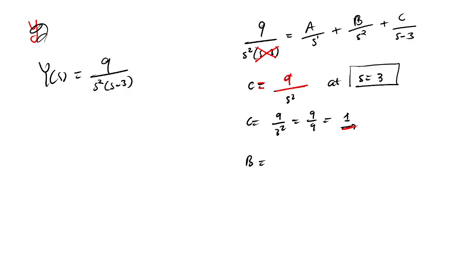You can say B is equal to, we're not going to consider the factor of B. So what is left is 9 all over s minus 3, at s equals what makes B undefined?